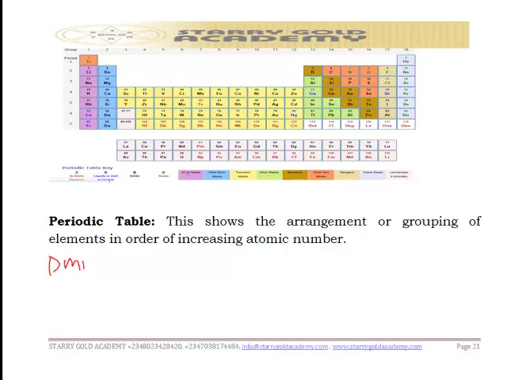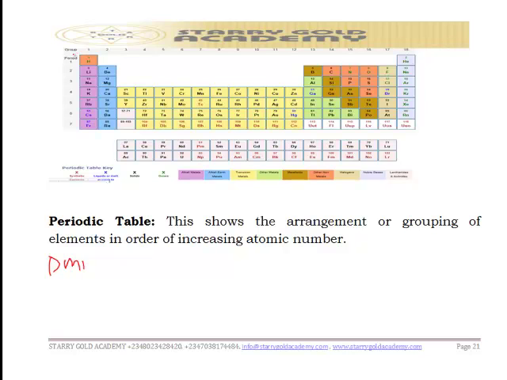The periodic table is arranged in such a way that we have the vertical and the horizontal axis. Some textbooks will say we have the group and the period. Look carefully, there's something I need to point out.